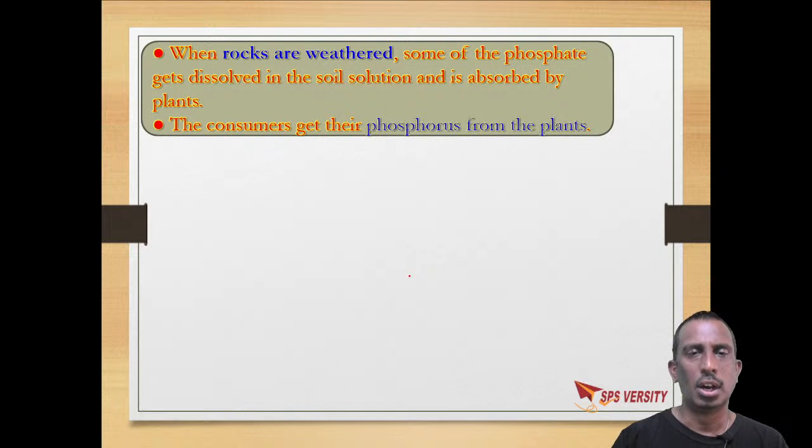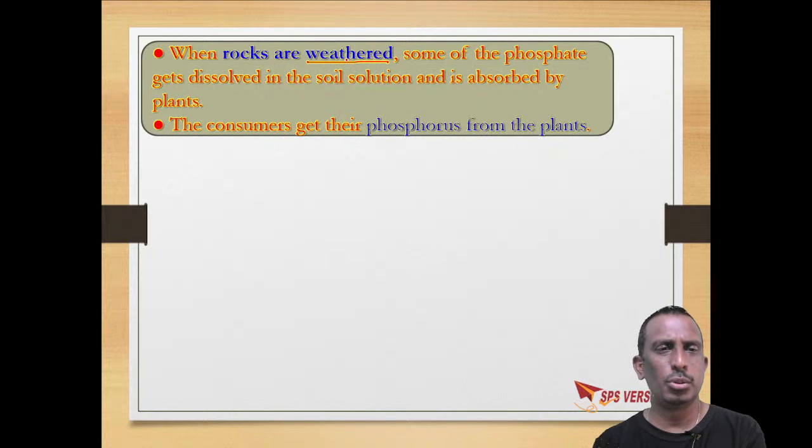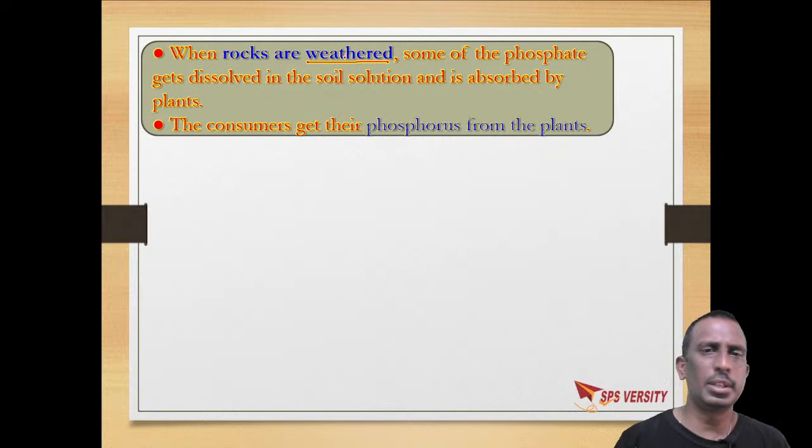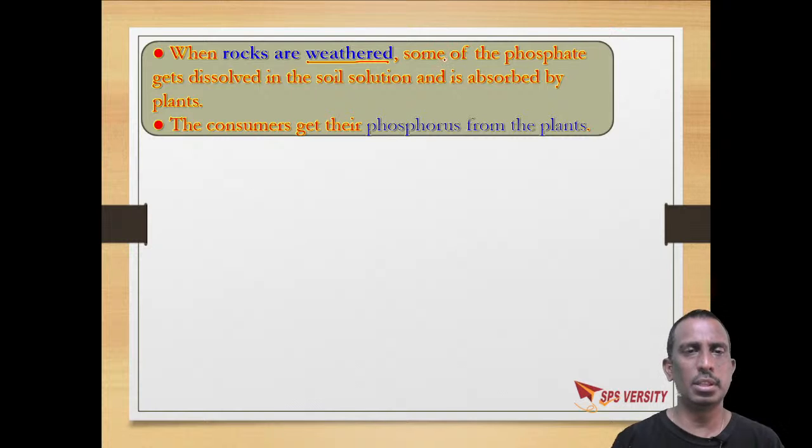Okay. How is this phosphorus recycled? Whenever there is weathering of rocks due to various factors like wind, whatever phosphate is present in the rocks gets dissolved and reaches the soil solution.